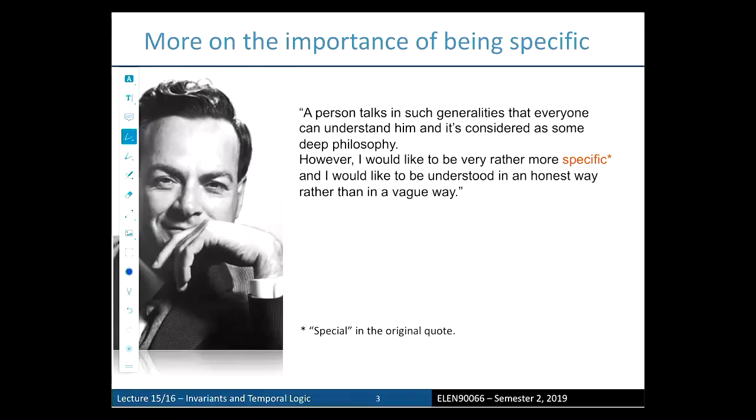It's very important as engineers that we are very specific about what we are claiming that we are designing, and then go about and design it and deliver the result.